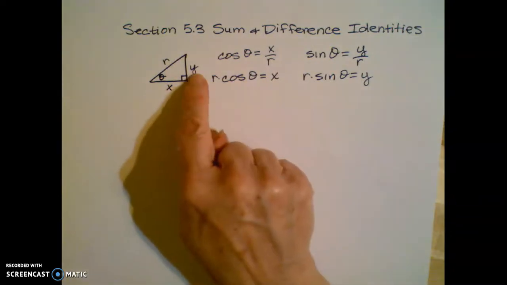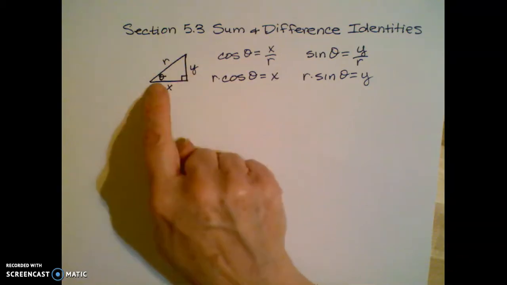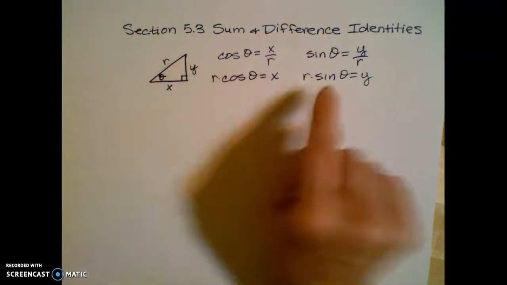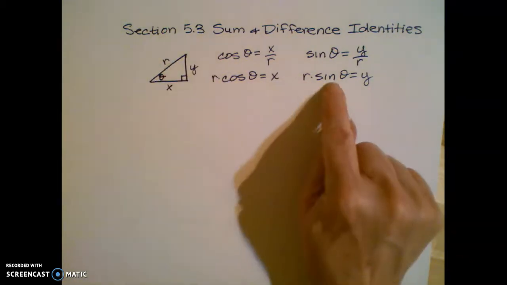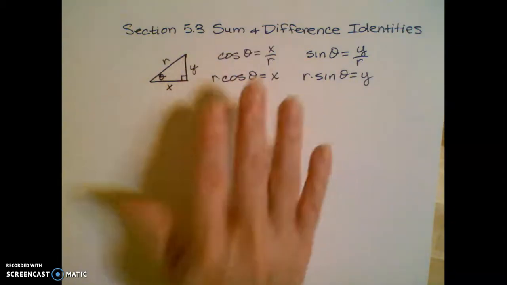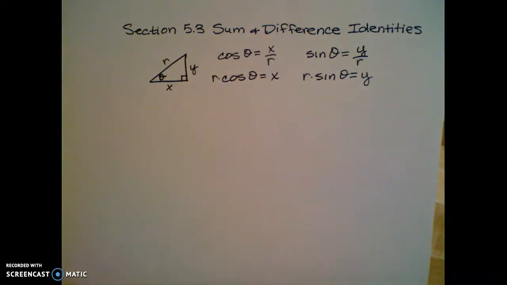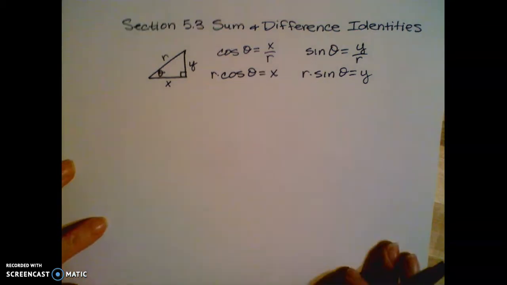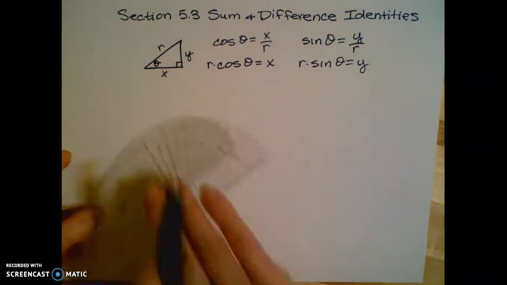And we can find the length of the leg opposite that acute angle by multiplying the length of the hypotenuse times the sine of the angle. And that's going to come in handy when it comes to setting up our diagrams for the sum and difference identities. So now let's look at what our identities are going to look like in this section.